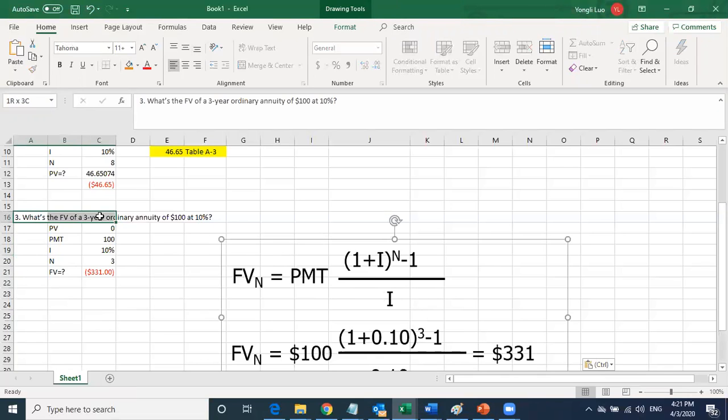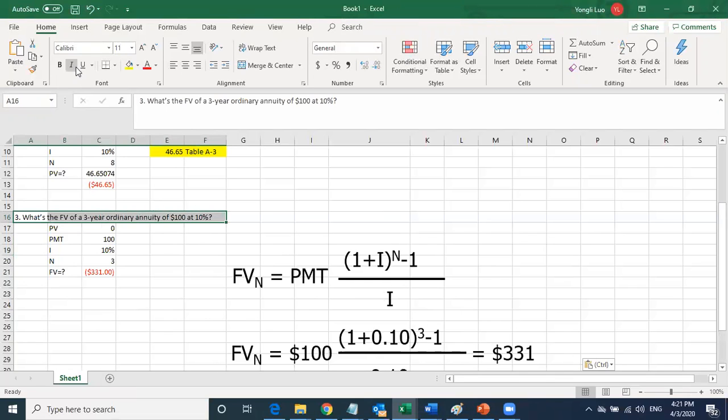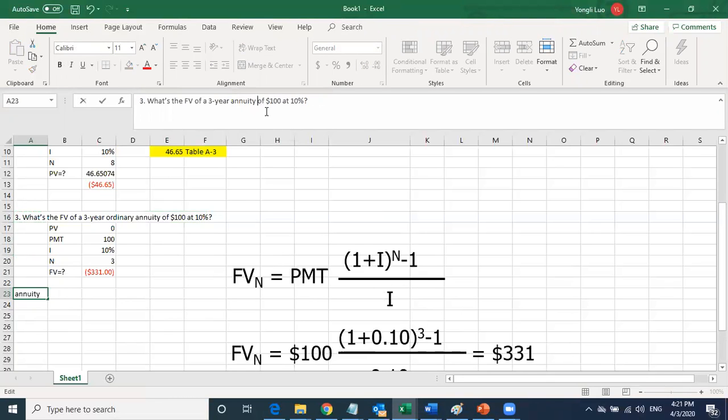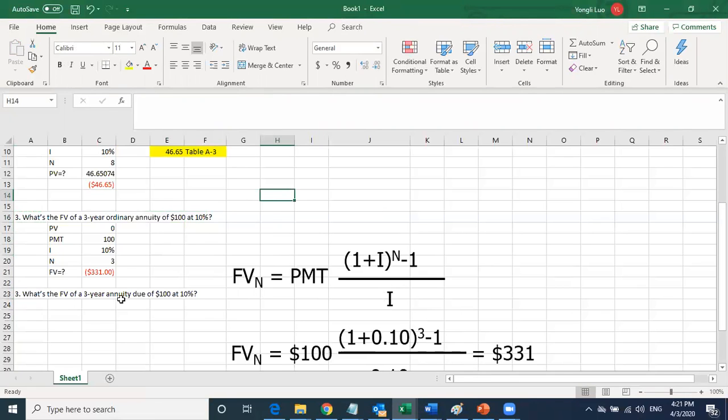The next question: what is the future value of a 3-year annuity due? This is not an ordinary annuity, it's an annuity due.